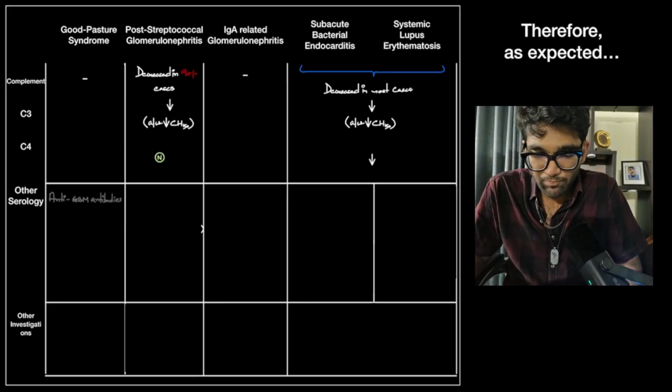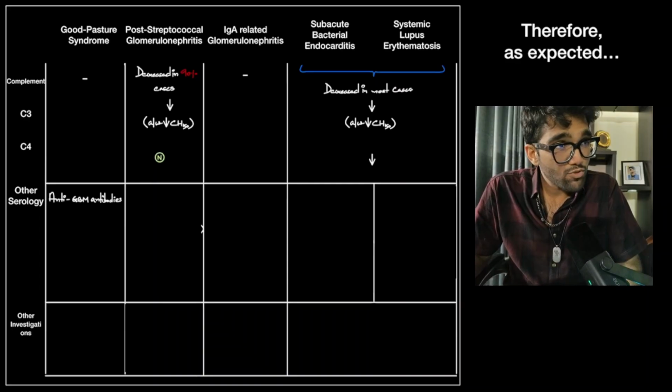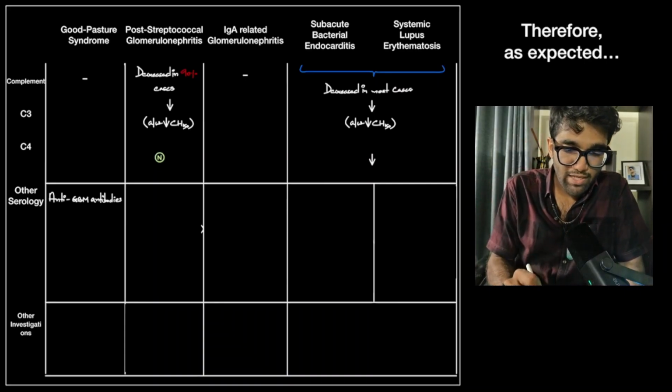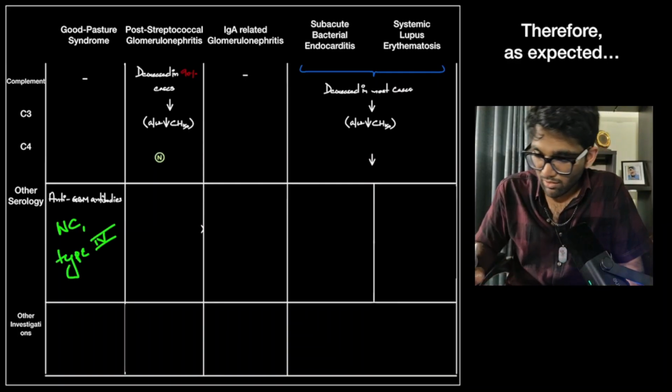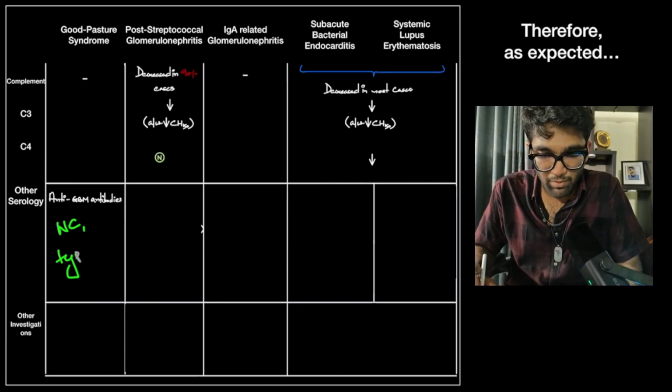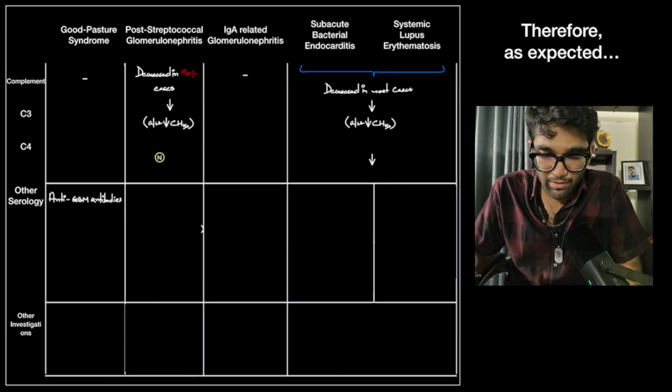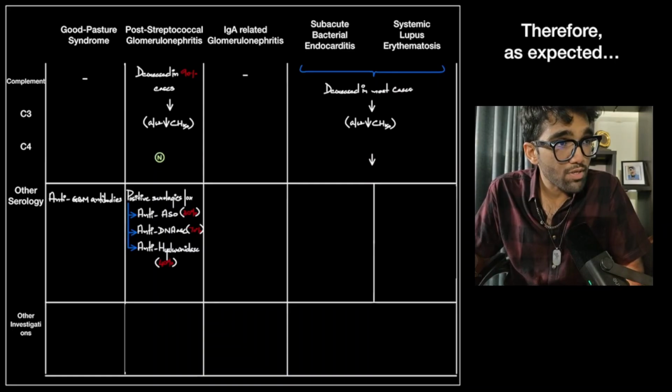We'll get to it. Now, when it comes to specific pathologies or specific antibodies, obviously in Goodpasture syndrome, you have your anti-GBM antibodies. These are specifically against the non-collagenous or NC1 region of the type 4 collagen that is present in the basement membrane. Okay, and then obviously in post-streptococcal, we have antibodies against components of the streptococcal pathogen.